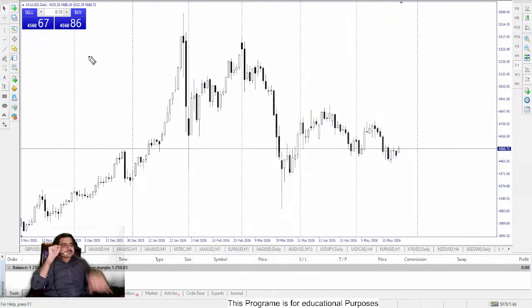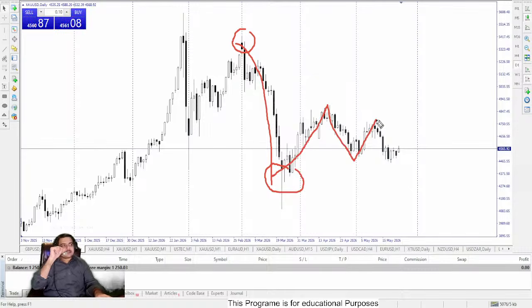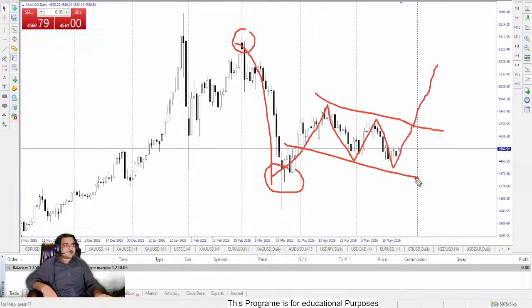On a higher scale, obviously the big person is selling huge, but then buying occurs as well, and since then it is nicely following this zone. So technically it shows us this, it even shows us this, but at the same time when I say the market is bearish, it is also showing us this.